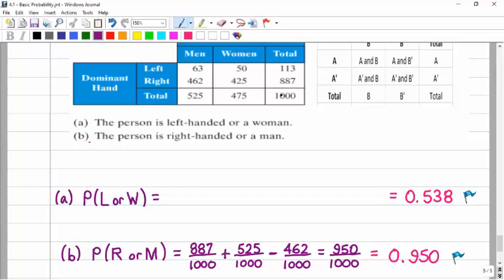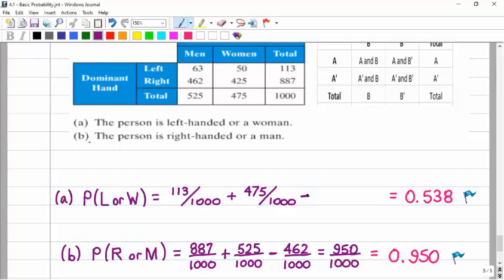How many left-handers do we have? 113. So I'm going to go 113 divided by 1,000 plus women down that column, 475 divided by 1,000. Do we have people that are both left-handed and women?